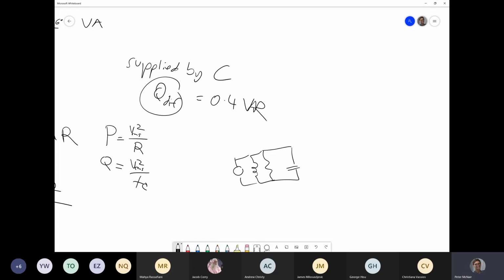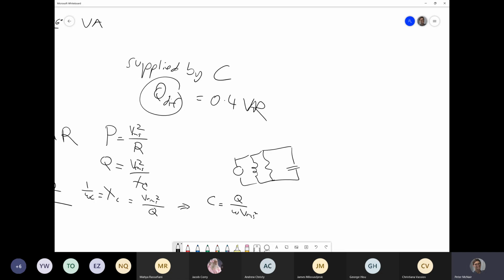So we can solve this equation here for XC. We know that XC is the same as 1 on omega C. So then we can just flip it and say C is Q on omega V RMS squared, and then just go through and solve. Not too much to it, right?